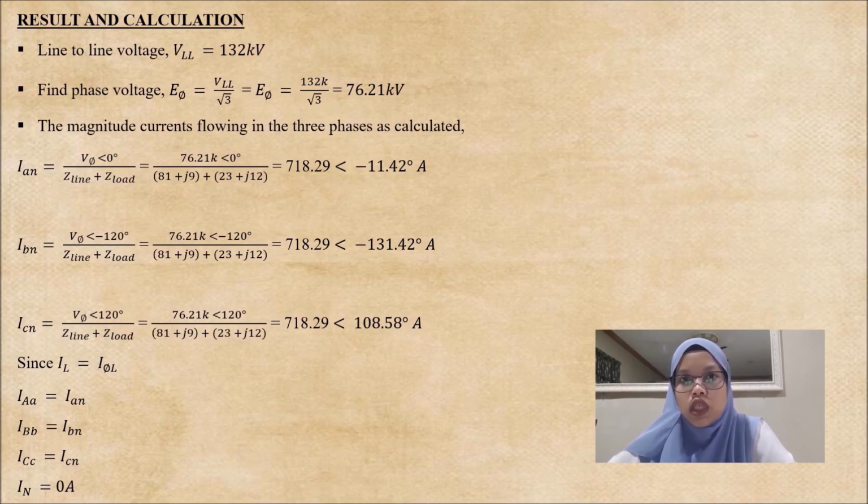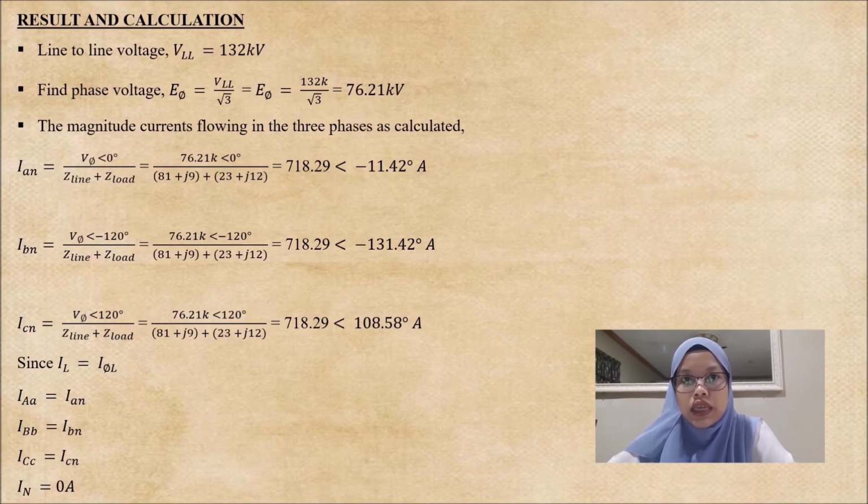Since the voltage phase is equal to the voltage phase at load, I can find the current flowing in this three-phase circuit by using the formula: current is equal to the voltage phase at load divided by the total impedance, which is the impedance at the line and at the load. So I got the value of current for IAN, IBN, and also ICN as shown in the slide.